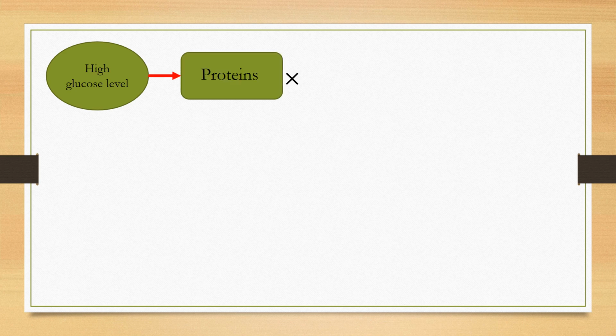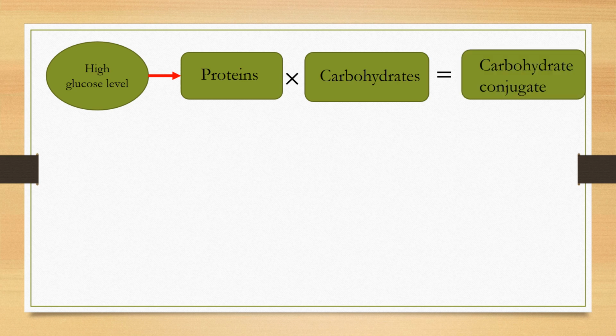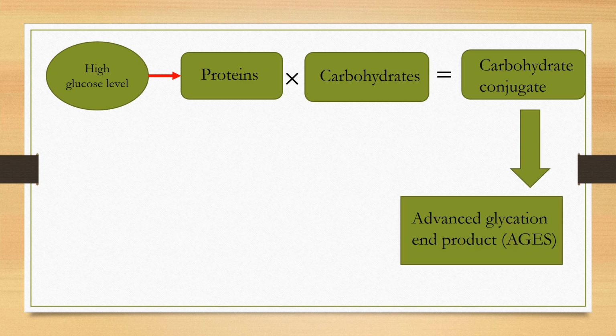Coming to the other mechanism, whenever there is a high glucose level, the glucose interacts with proteins and carbohydrates. They cross link, and form advanced glycation end products, that is AGEs.